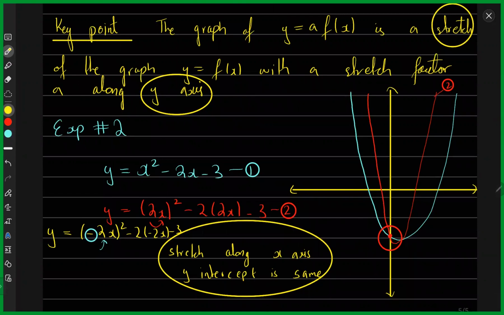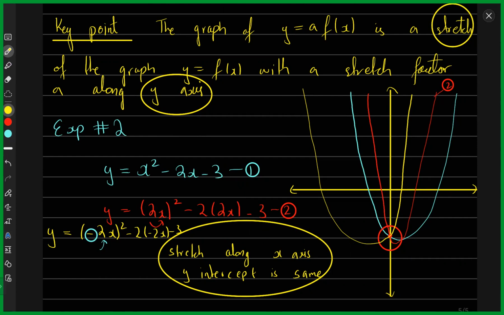It would be a reflection in the y-axis, something of this type. I know it's not perfect, but I have just made the reflection of the blue graph along the y-axis because minus was with x. I know things are complicated, but just take 15 to 20 minutes, keep every point in your mind, and then things would get clear.